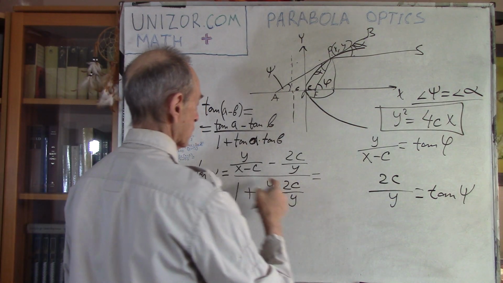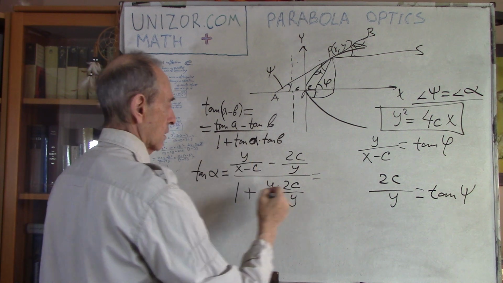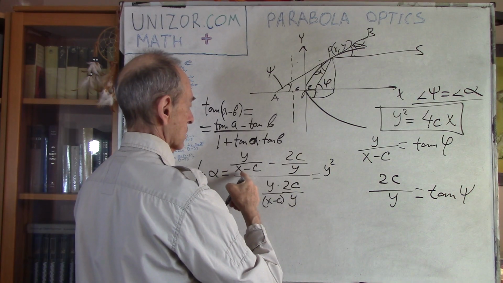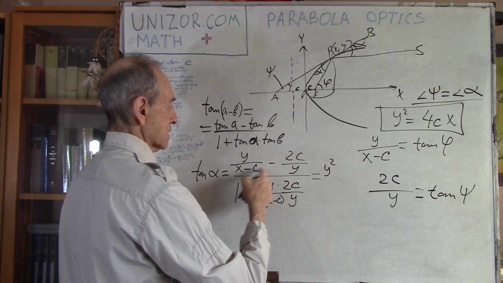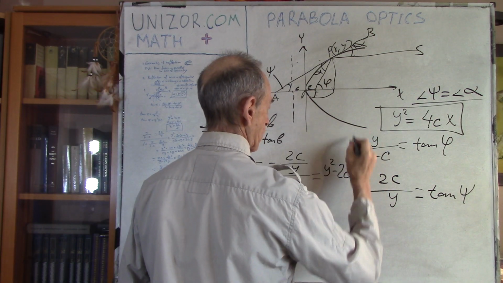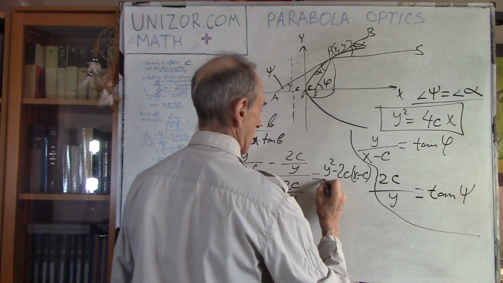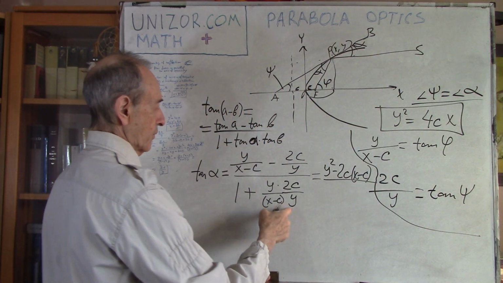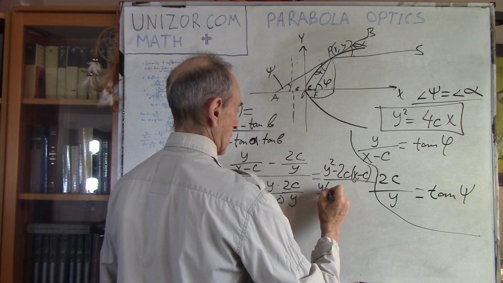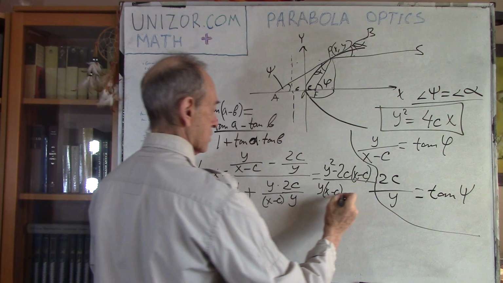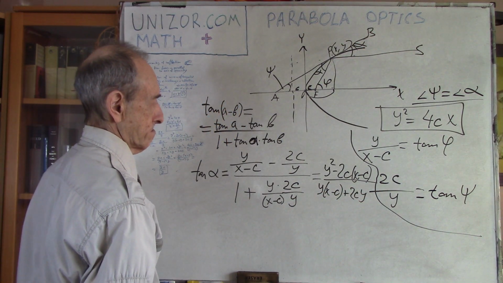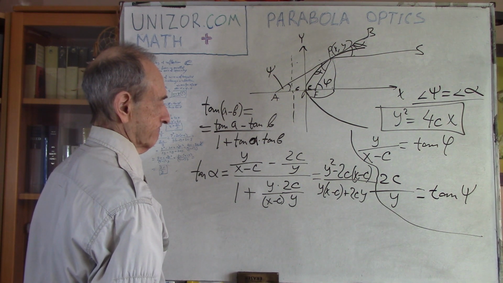So that would be equal to y squared minus 2c times x minus c. Now here would be y times x minus c plus 2cy.